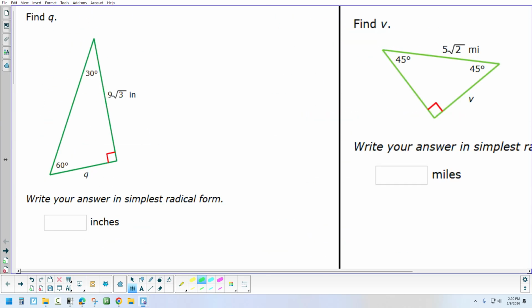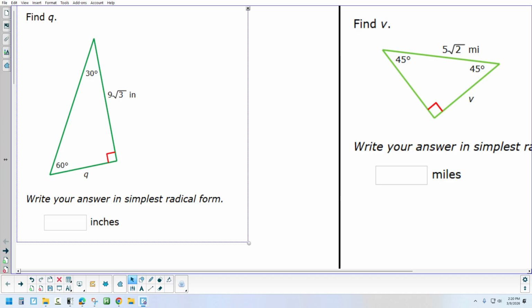Okay, we're going to start with the one in the upper left. So first thing we have to do is decide on this problem, is this triangle a 30, 60, 90 or a 45, 45, 90?